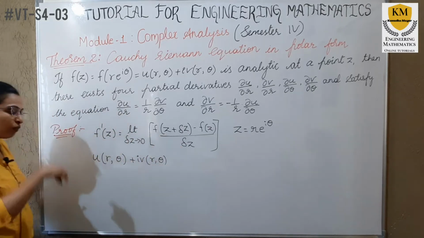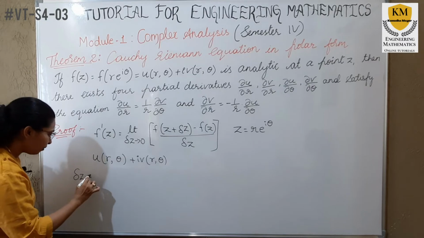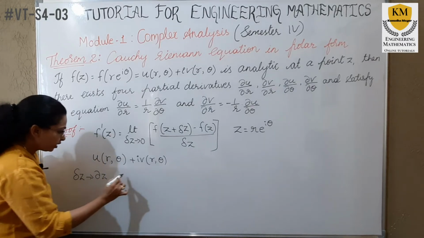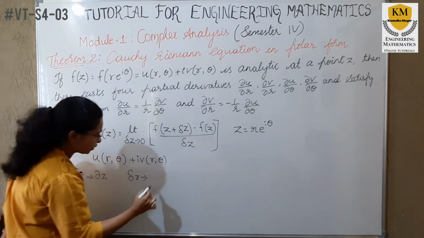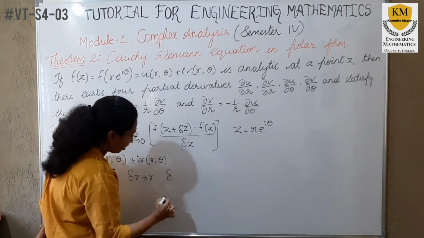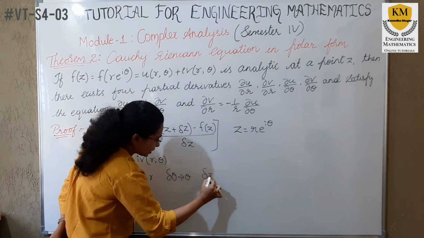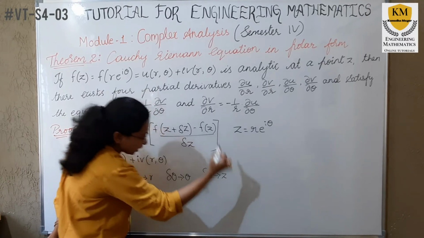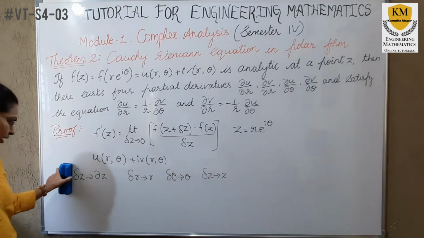You must understand one more basic concept over here. Del z is the increment of z, del r is the increment of r, and del theta is the increment of theta. This is one of the most important concepts that you should realize.